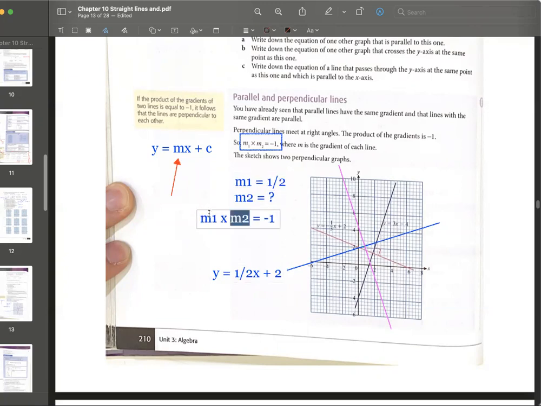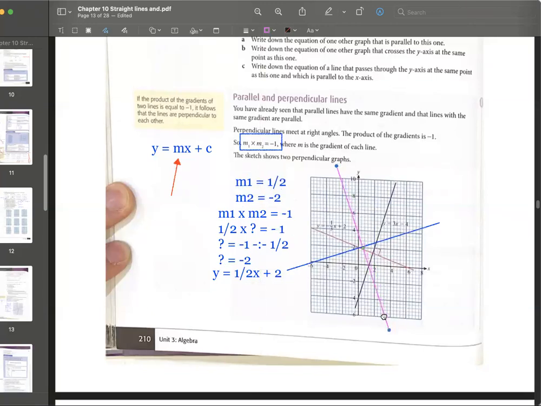So the first gradient I know, and I know the formula, so I can use this formula to find my second gradient. First gradient is half, multiplied by second gradient, don't know, is equal to negative 1. So don't know is equal to negative 1 divided by half. So don't know is equal to negative 2. So now I found out what my second gradient for my perpendicular line is: negative 2.